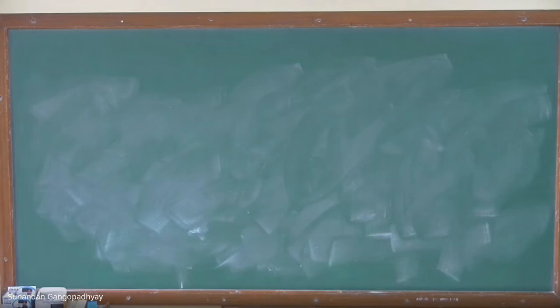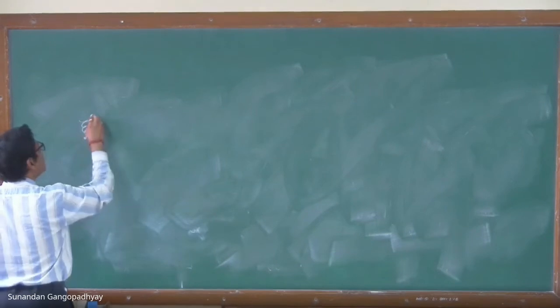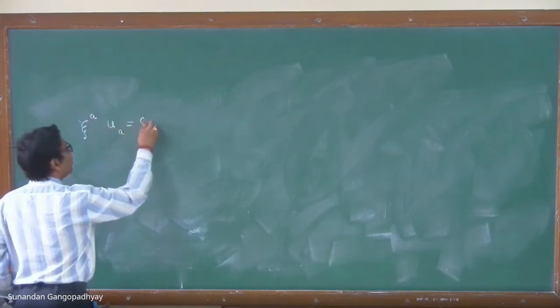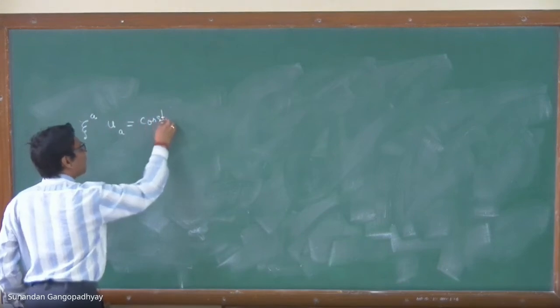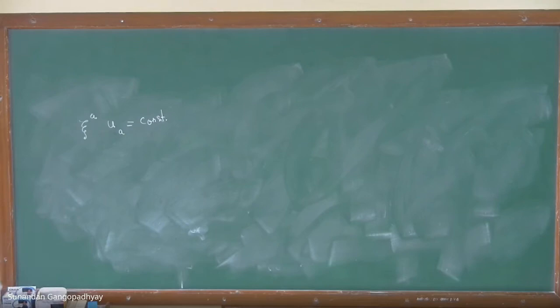Okay, suppose I told you that if you have a killing vector psi a, I told you that psi a times the tangent vector u a is a constant along a geodesic. Remember? And I used this result in deriving the gravitational redshift formula using the exact Schwarzschild metric.